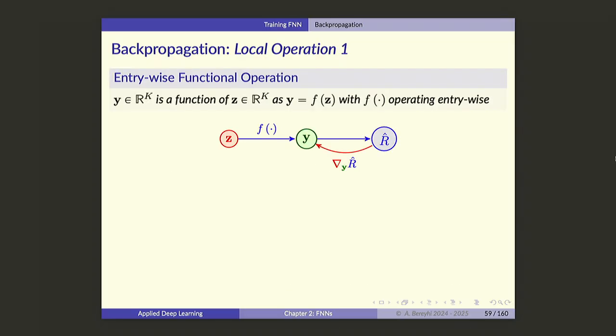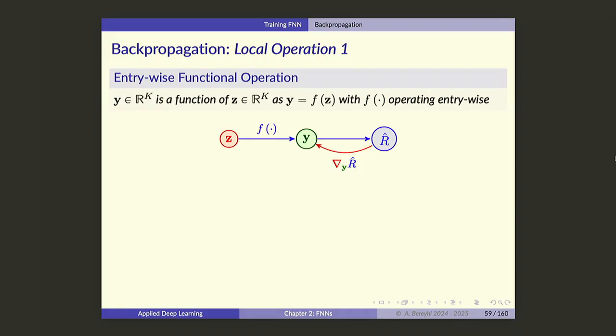In the first case, z, which is just generating this y, is a k-dimensional vector, exactly the same dimension as y. Y is k-dimensional, z is exactly k-dimensional, and every single entry in y is f of z. So z is just passing entry-wise through one function f, and it gives me y.